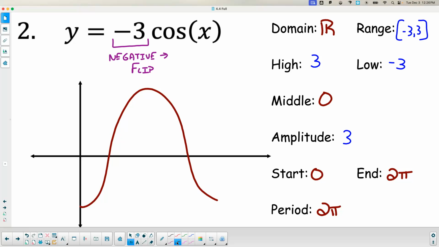Okay. Now we can fill in -3 to +3. We can fill in and there's our graph. Questions, comments, concerns, clarifications?